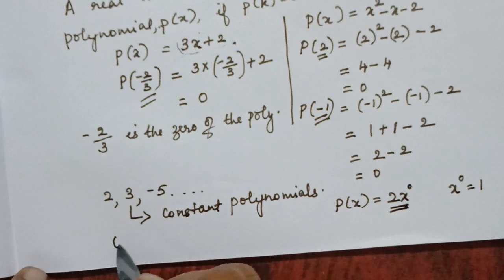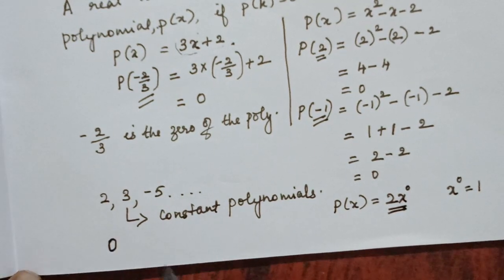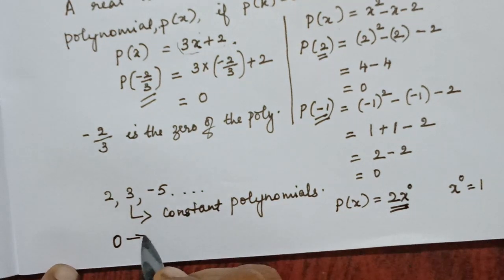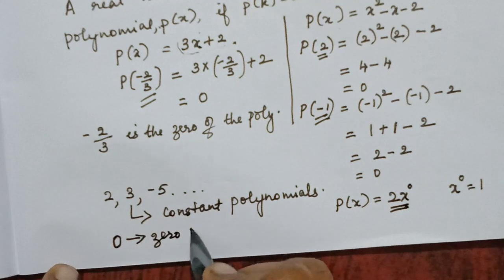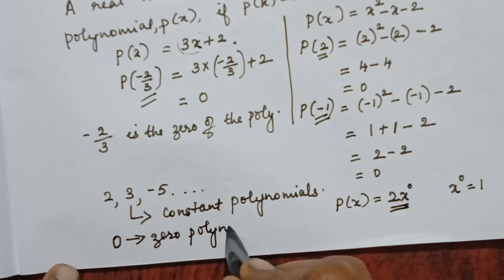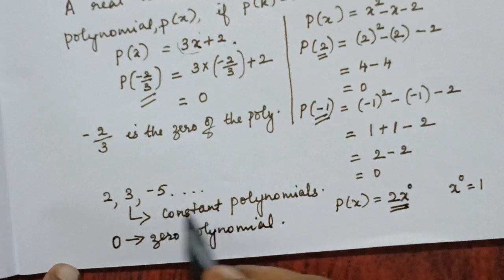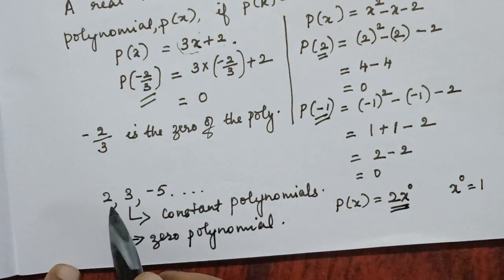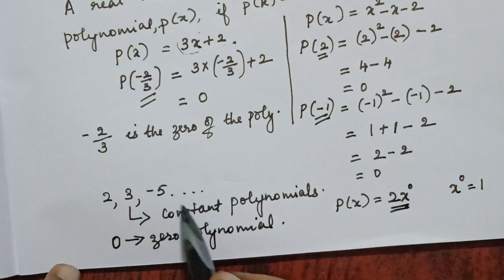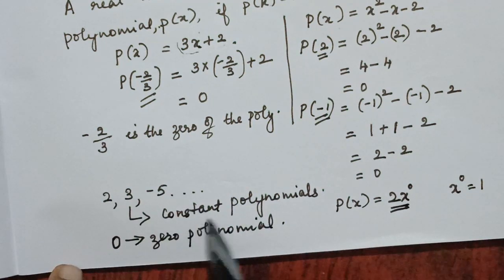What about 0, the number 0? Is this a polynomial? This is also a polynomial, and it is known as the zero polynomial. Now, when I said 2, 3, minus 5, we notice that these are all constant polynomials. What is the degree of a constant polynomial?